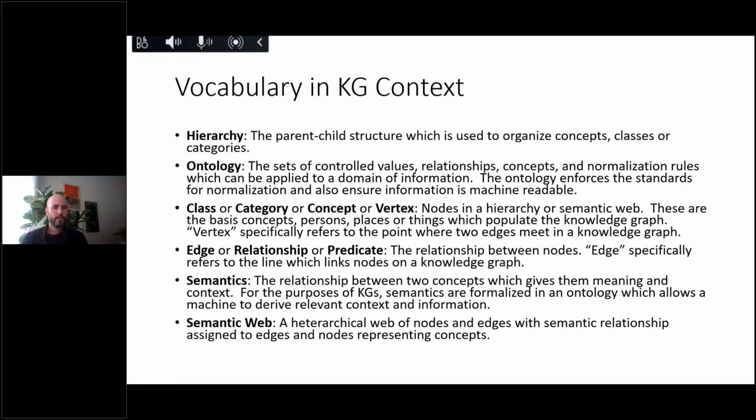The nodes in a knowledge graph have a number of different terms that we use around them depending on the context. So for me, one of the clearest terms we can use to refer to the nodes in a knowledge graph is a concept. I like that term because it's really broad.